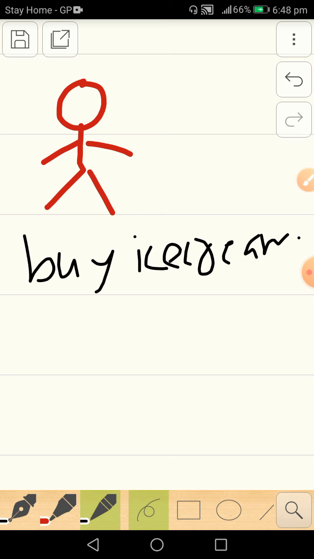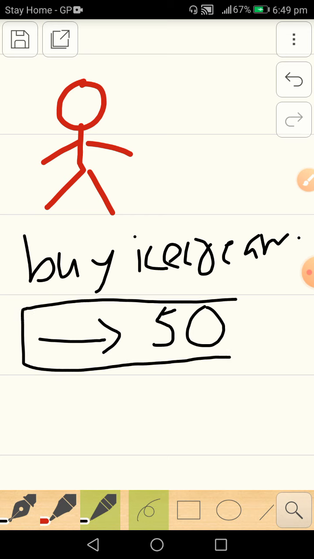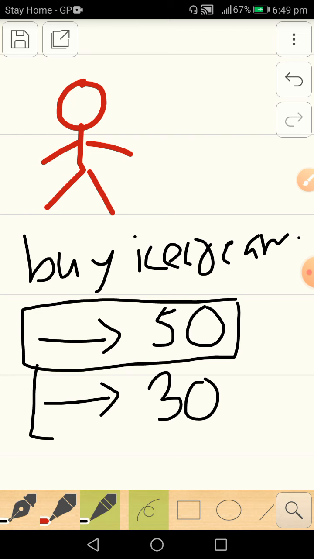The cost of the ice cream is 50 taka, so this is the amount of taka that you must have to buy the ice cream. But right now you have, for example, 30 taka.